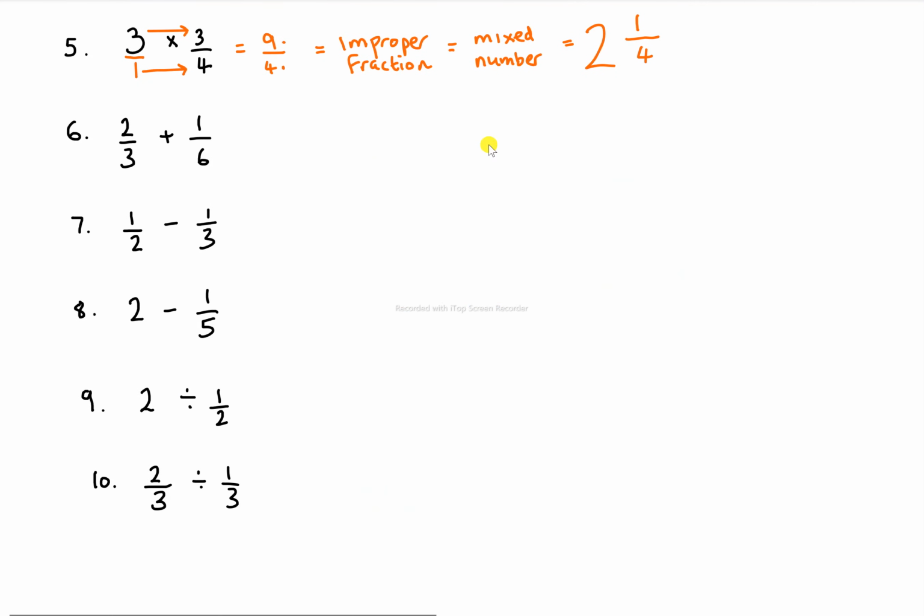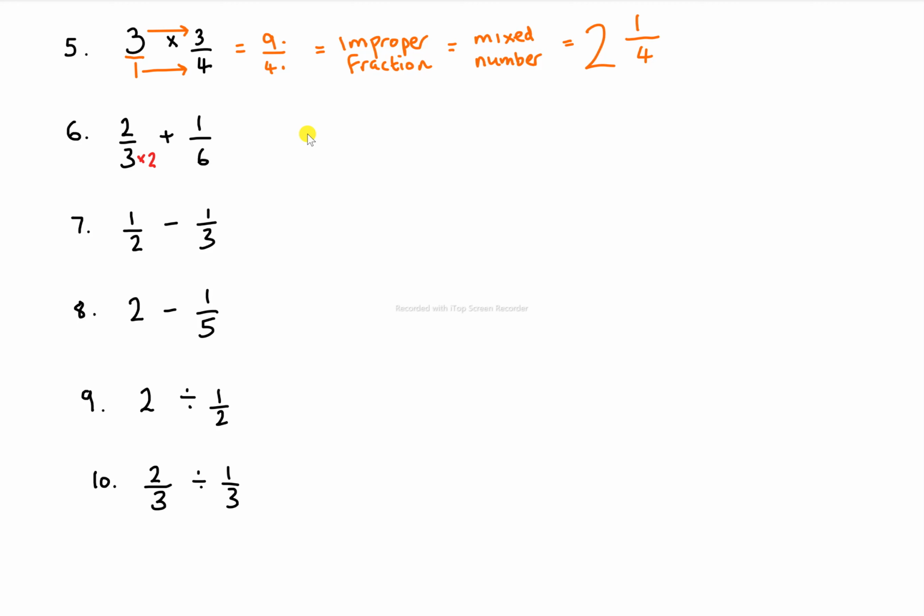Right, you know, with this question, there's two ways of doing it. If you notice straight away, the 3 and the 6 are related because I know I can turn this 3 into a 6 simply by doing times 2.